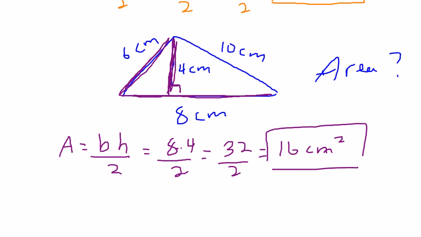Let's try another example. What if I have a triangle with a base of 9 inches? Let me make this a little bit bigger. It's difficult for me to write that small.